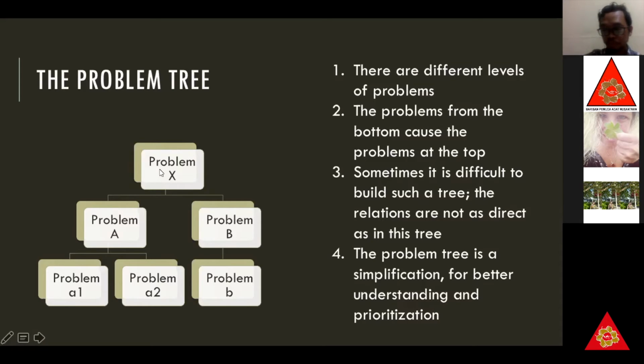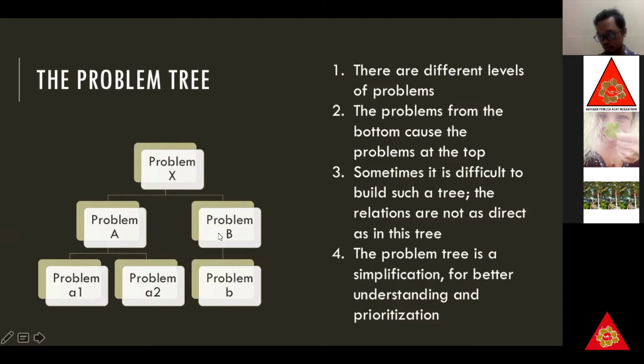For example, if we say problem X is poverty, general poverty in rural areas, we could say, for example, problem A is the lack of job opportunities. So you have problem X, which is poverty, because you have lack of jobs available in the area.